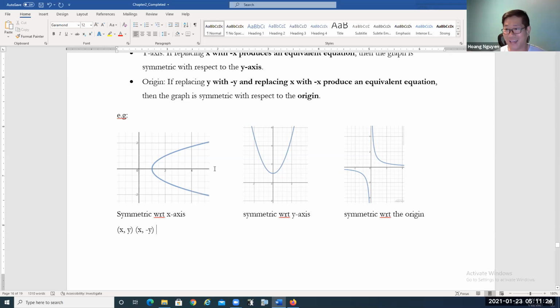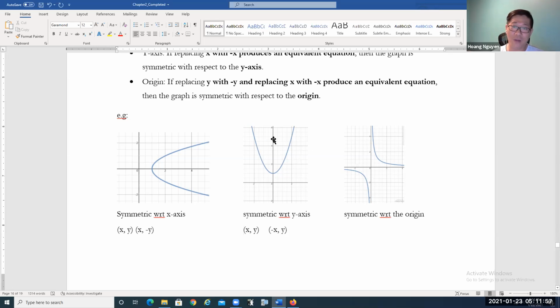Now for the second symmetry, symmetry with respect to the y-axis, if you have a point x, y, then the reflection will be negative x comma positive y. So x is going to be the opposite. Okay, so these two ordered pairs are symmetric with respect to the y-axis.